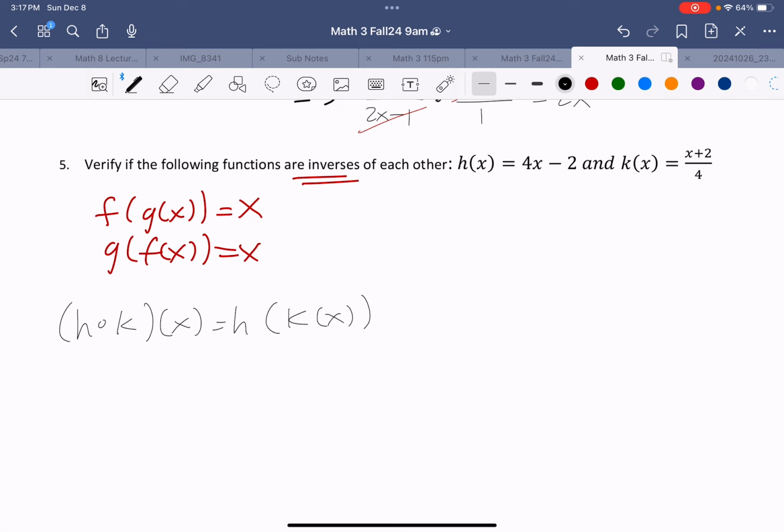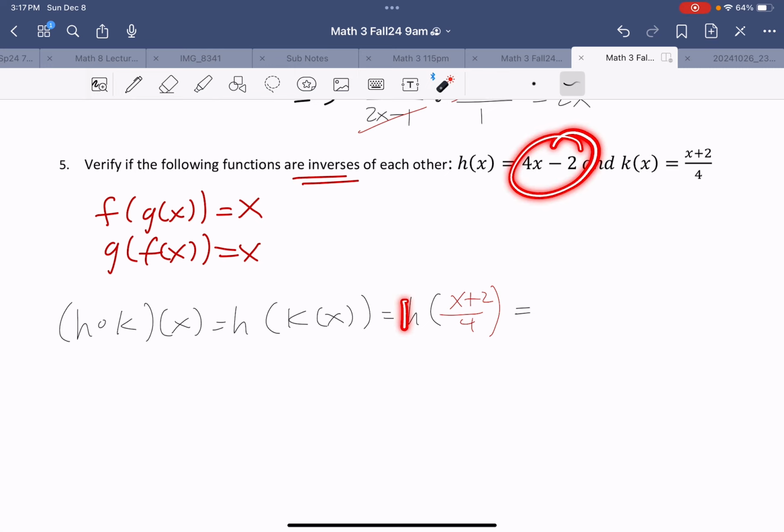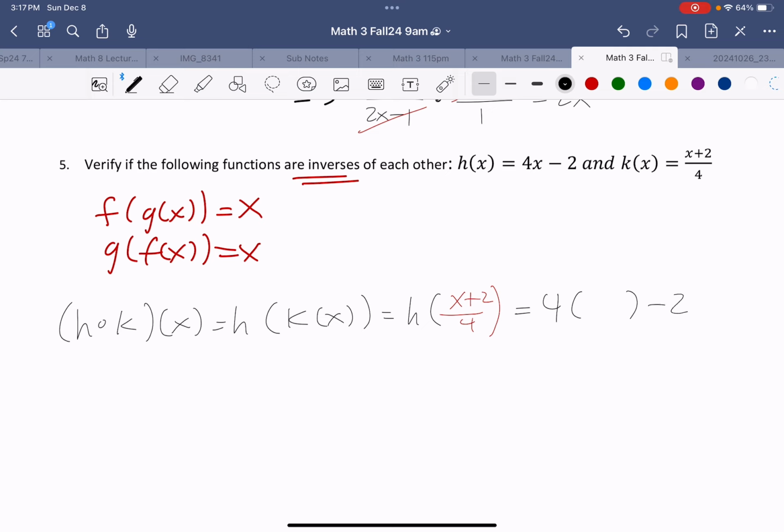I will replace that k with what k is equal to, which is x plus 2 over 4. And then this is going to go inside of h, so now I can replace this h with my 4x minus 2.